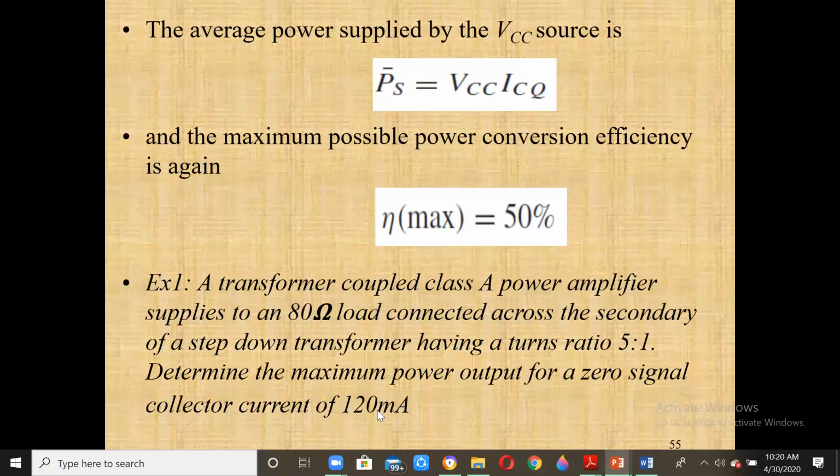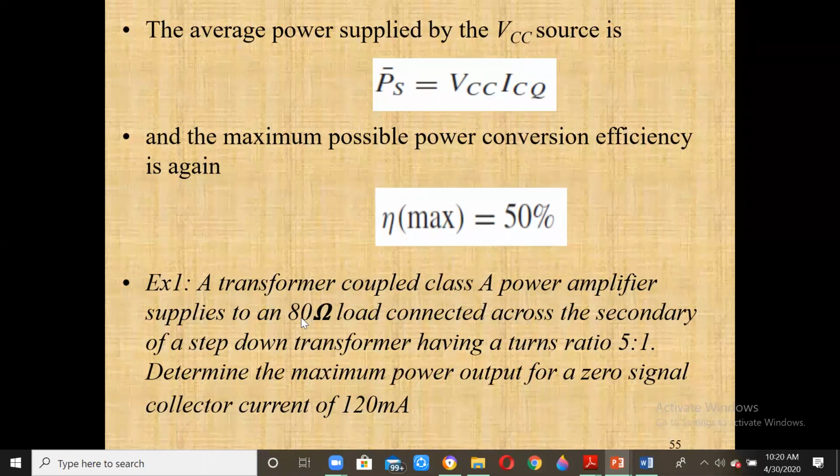So therefore the total value of the maximum power which can be coming out at the output will just correspond to I squared R. So I squared will be 0.6 squared, that will be 0.36 into 80 ohms.